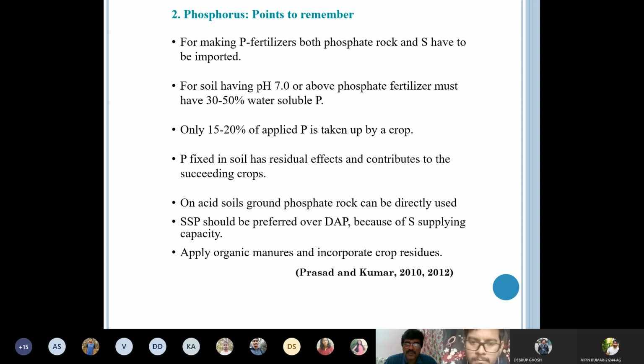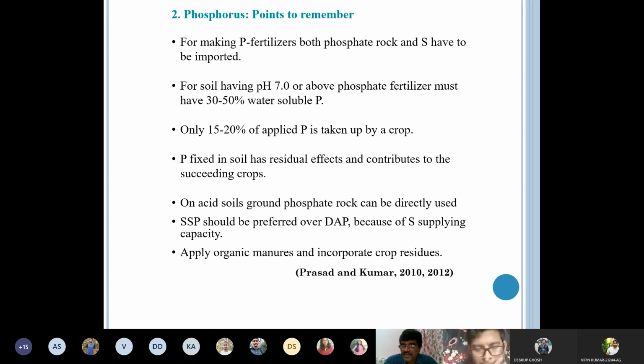But right now, people are using more of DAP. Consumption of SSP is declining. You would be surprised, what is the reason? If SSP is supplying sulfur and it is better than DAP, then why have farmers abandoned it? Why do they not like it? Why do they like DAP? The simple answer is that there was a lot of adulteration or mixing in SSP.